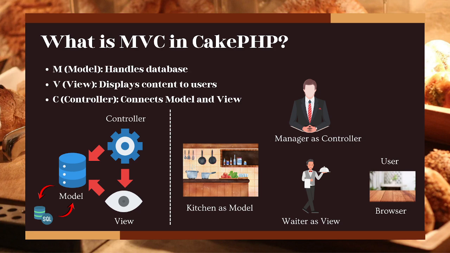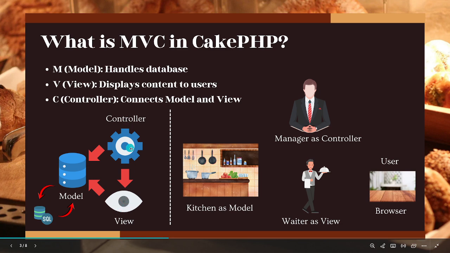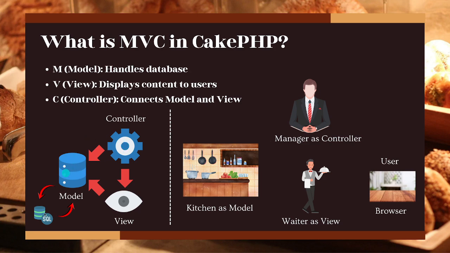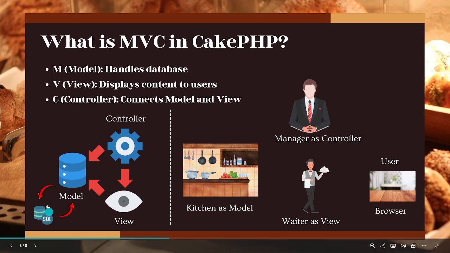The controller also handles what will happen in the view. For example, when you click on a button in the view, the controller knows what happens on the button click, and the controller handles the model and database. So the controller talks with the model, the model talks with the database, and the controller also talks with the view.